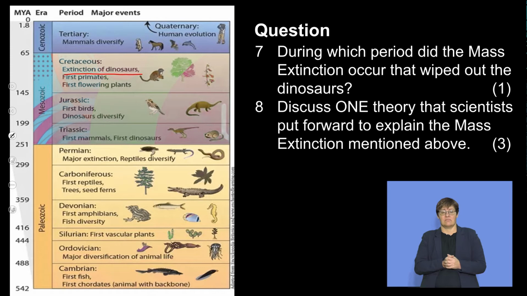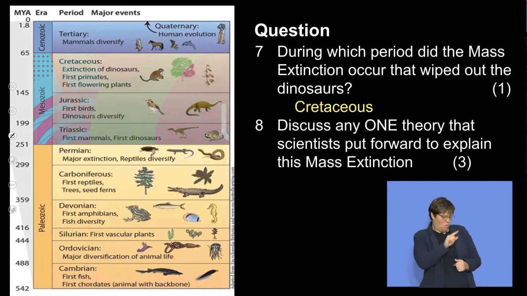And then discuss one theory that scientists put forward. That would be the asteroid impact, volcanic action, or climate change. And you would need to not just name the theories, but actually explain a little bit about how they would have led to a mass extinction.